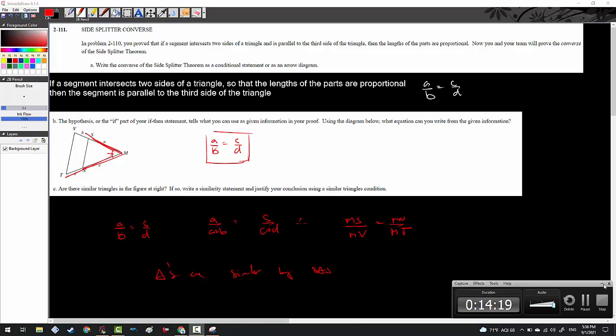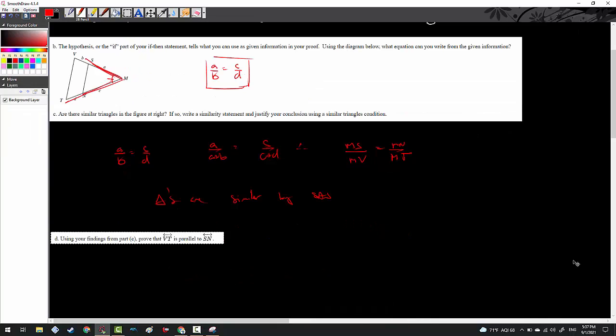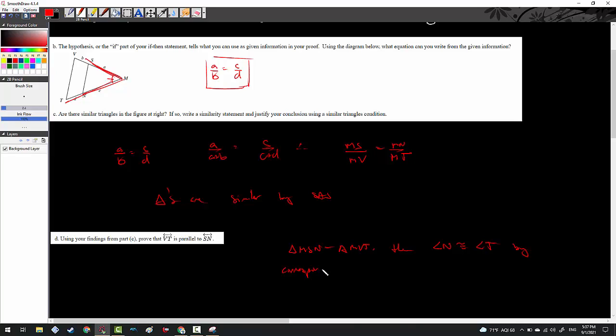Let's go to part D real quick. The last thing they're asking us to do is to prove that the two lines VT and SN are parallel. So how do I do that? Well, we know that if triangle MSN is similar to triangle MVT, then angle N will be congruent to angle T by corresponding angles.